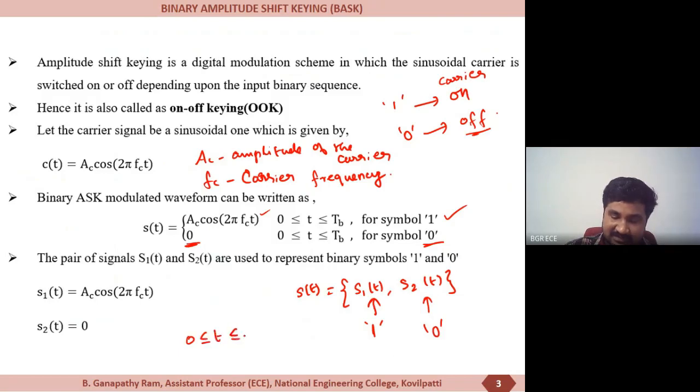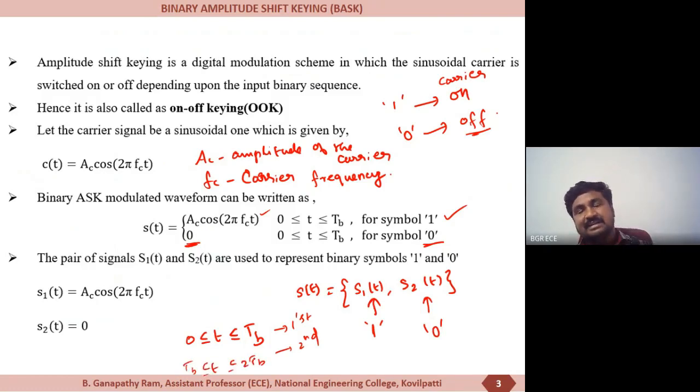It is transmitted for a duration of Tb seconds, that is from 0 to Tb, and this is for the first symbol. For the second symbol it extends from Tb to 2Tb, and for the third symbol from 2Tb to 3Tb, and it goes on.